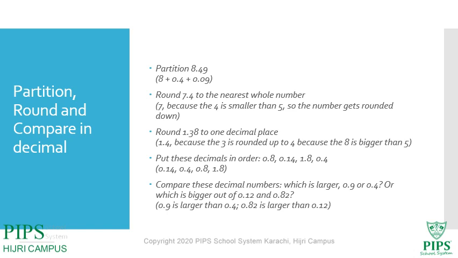Similarly, rounding. For example, if the value is 7.4 or 7.56 or something like that, we make it a whole number. We will call it complete. We will round it. For example, 7.4 is given here, and its nearest whole number will be 7 because 4 is smaller than 5.